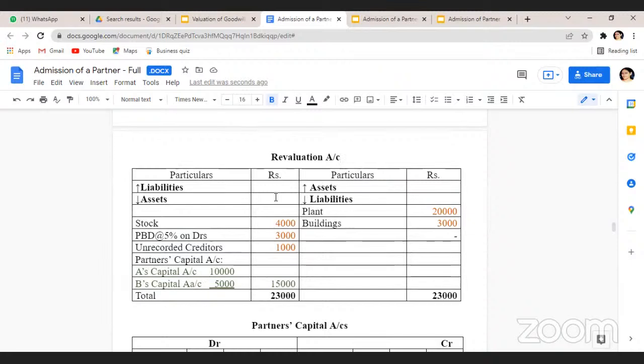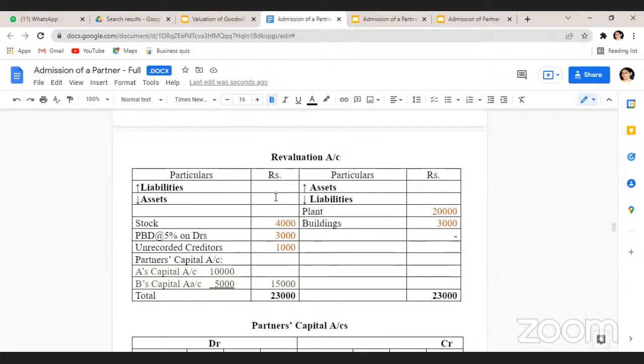In the question, a balance sheet will be given and some additional information will be given. The additional information values of the assets or liabilities are treated as new values, and the balance sheet values of the assets and liabilities are treated as old values.